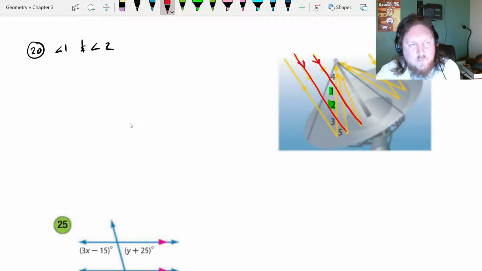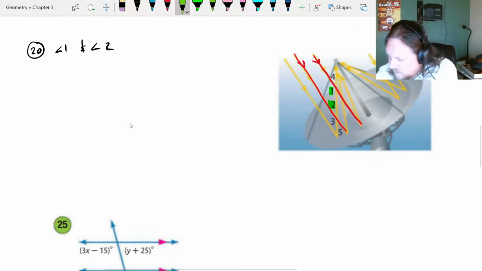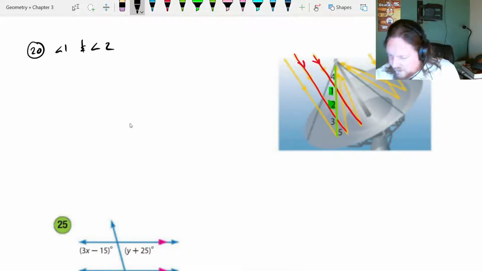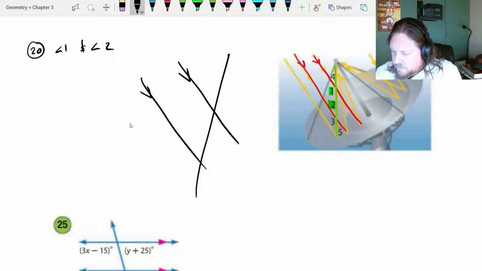Now, with all of these things we've been doing, if they're about parallel lines, we have to have a transversal as well. So I'm going to highlight the transversal in green. That line is also touching both of those angles. And now you can see, I'll draw it out a little bit separately here. You've got 2 parallel lines and a transversal.